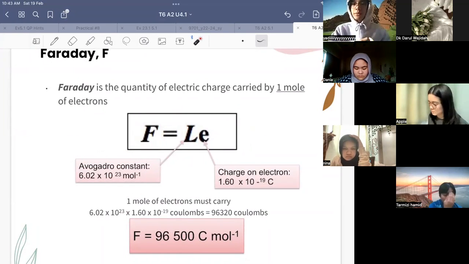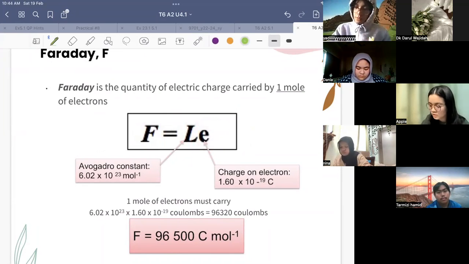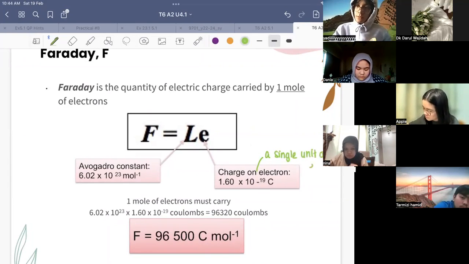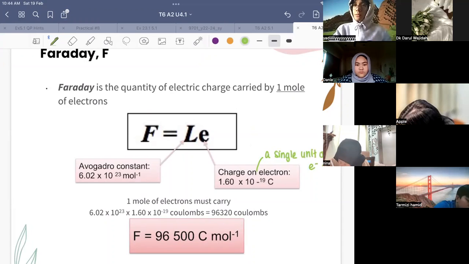And E here is the charge on a single electron. Theoretically, if you can take out one single electron, the charge on this one single electron is negative 1.6 times 10 to the power of minus 19 coulombs.